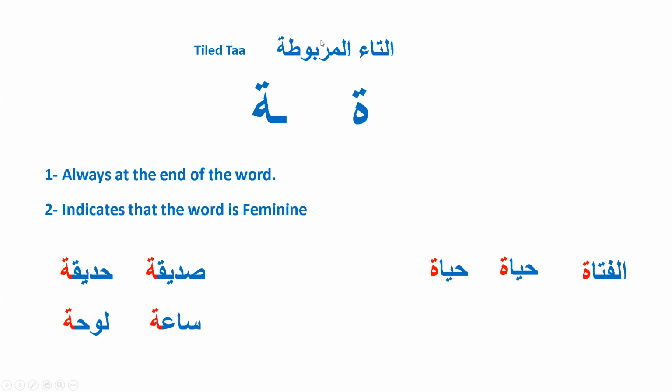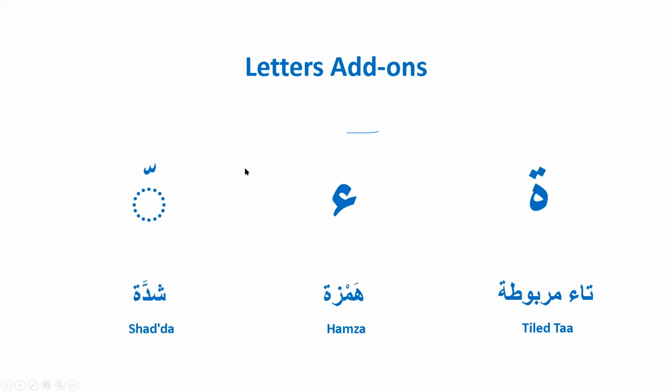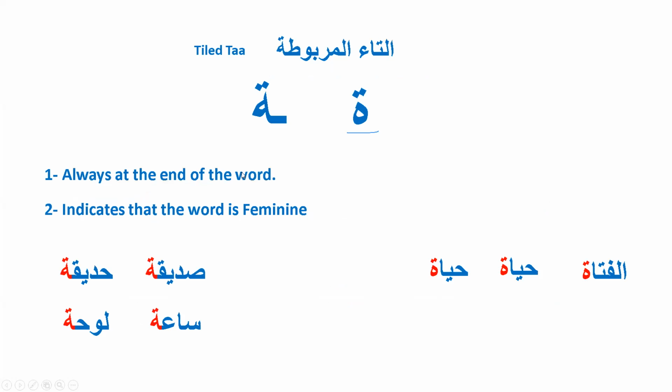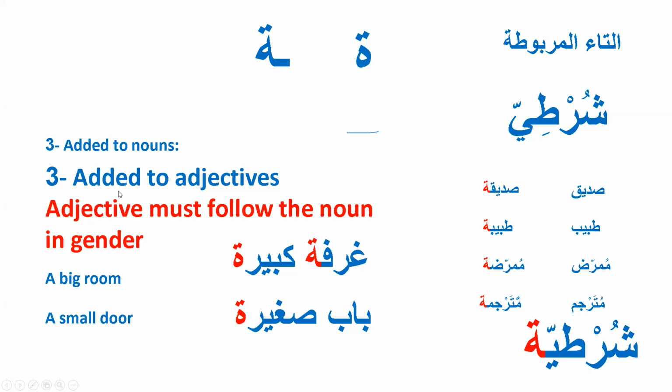Okay, and it has types of writing: like this, it's closed, or like this if it is joined with the letter, or like this if it is isolated. So the ta marbuta all the time comes at the end of the word. Number two, it all the time indicates that the word is feminine. Okay, and number three, it could be added to nouns or adjectives, but if it is added to a noun, it must be added to the adjective.